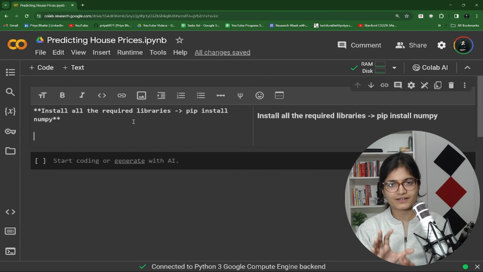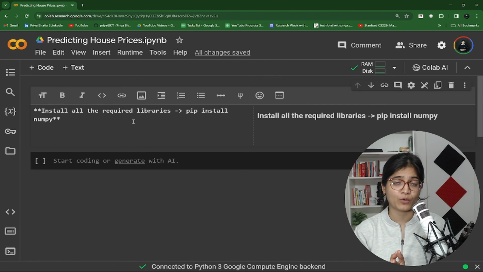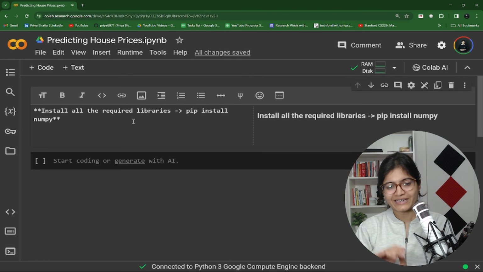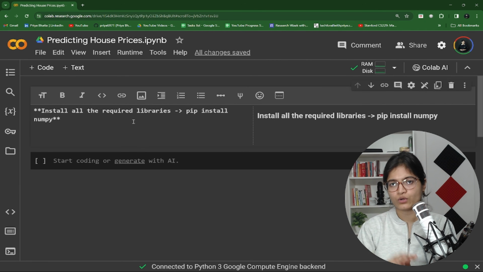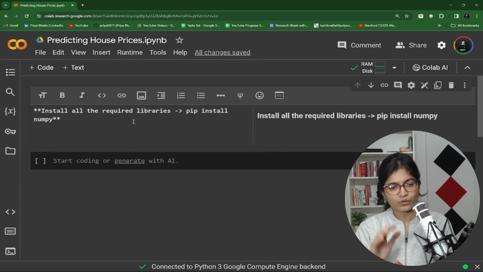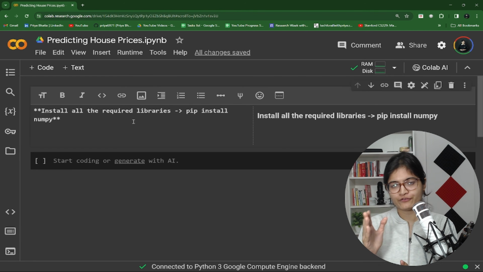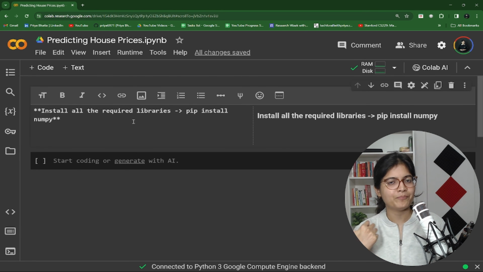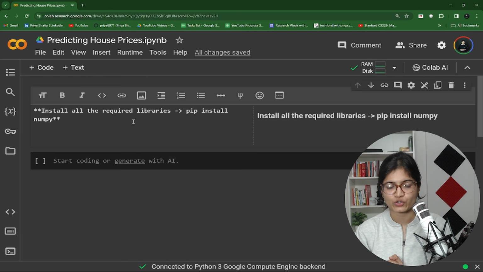But as of now, because it's the very first project in this machine learning module, take it easy and we will do it in Google Colab itself. Just consider that you have to do it for whatever libraries we require, for example NumPy, Pandas, Matplotlib, Seaborn, and so on.